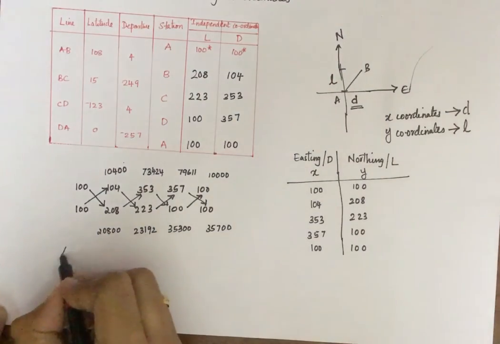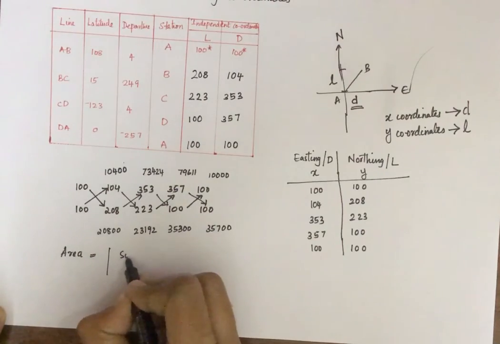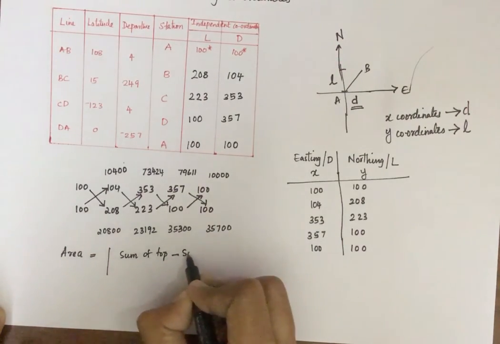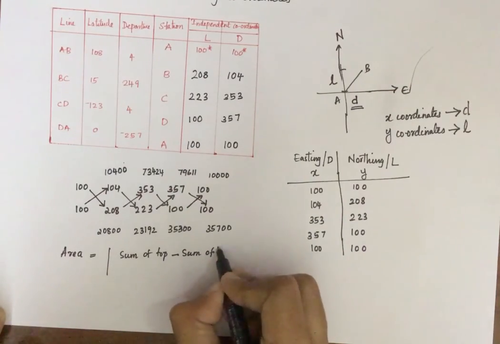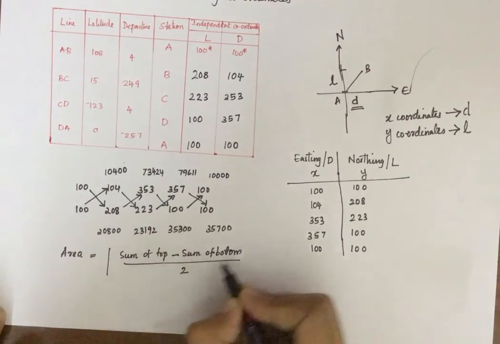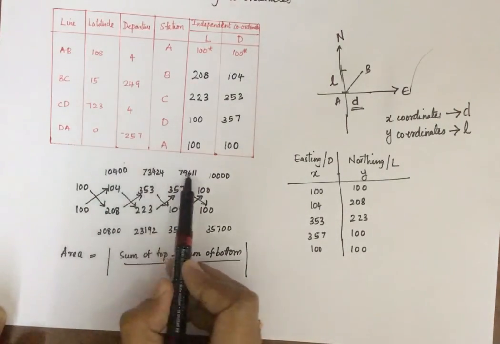Now the area is equal to the sum of top minus the sum of bottom, by 2. You can add all these values.